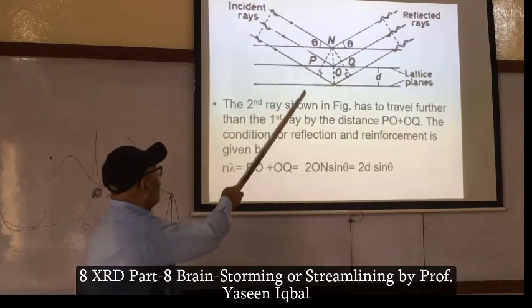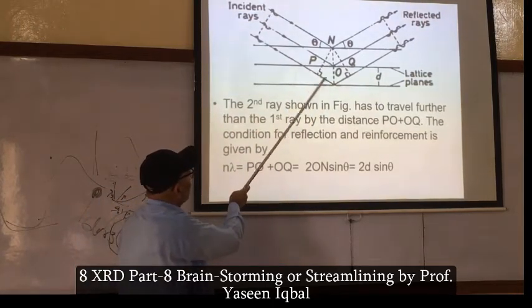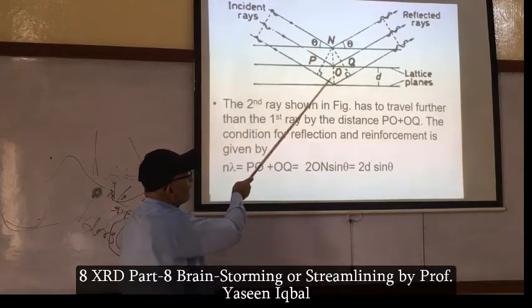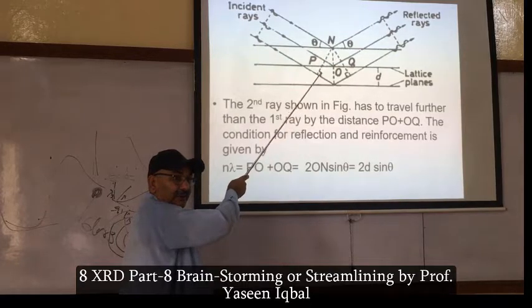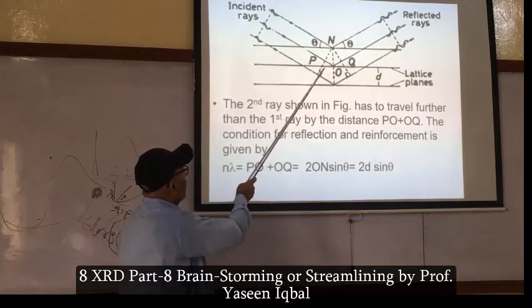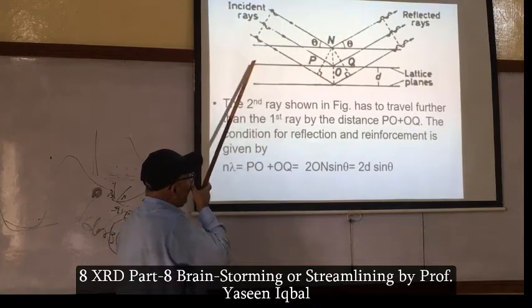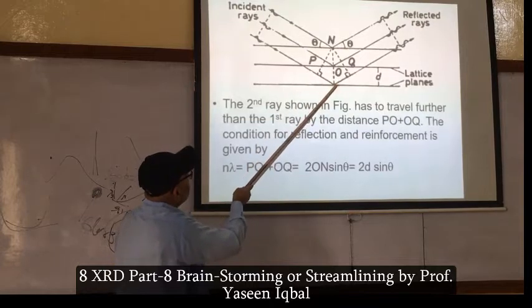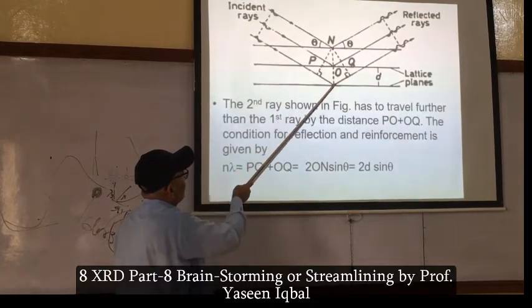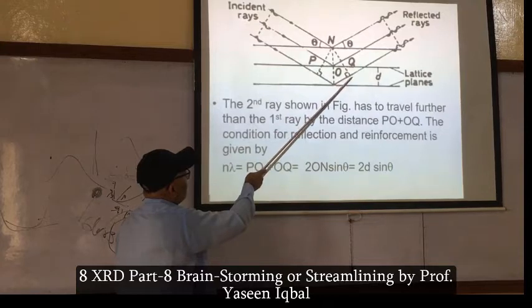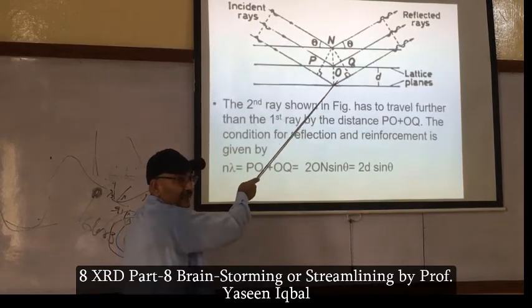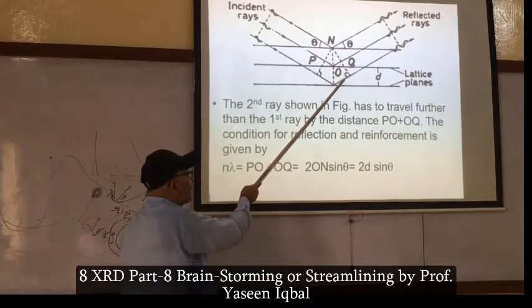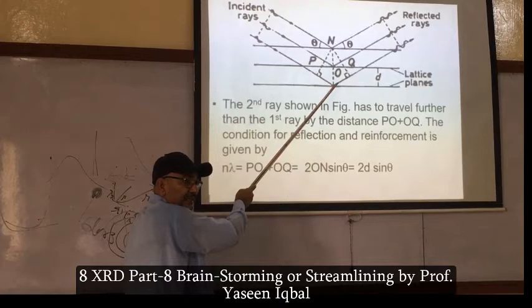is this place is D sine theta. If this is a triangle and this is the angle, then this is D sine theta, D is this here, and this is D sine theta, right? So you add these two, D sine theta plus D sine theta is equal to 2D sine theta.